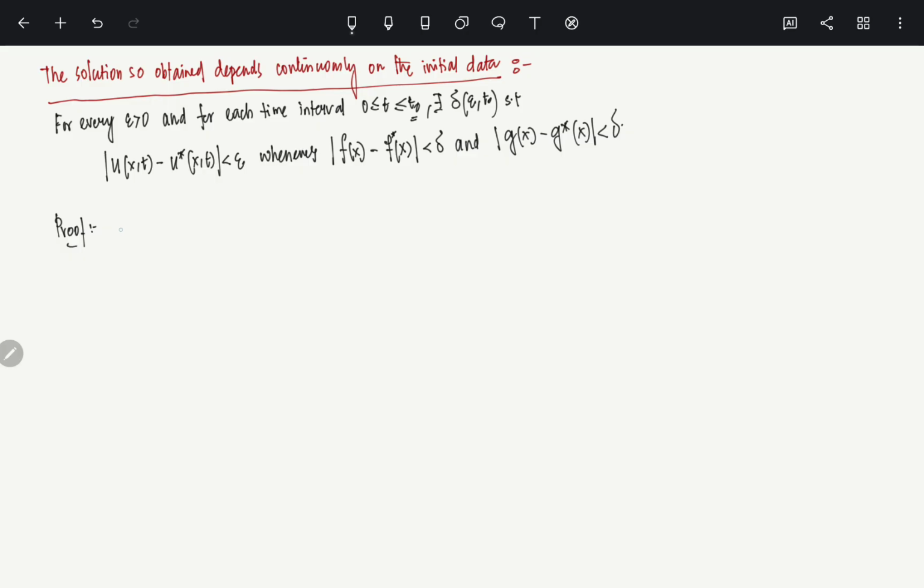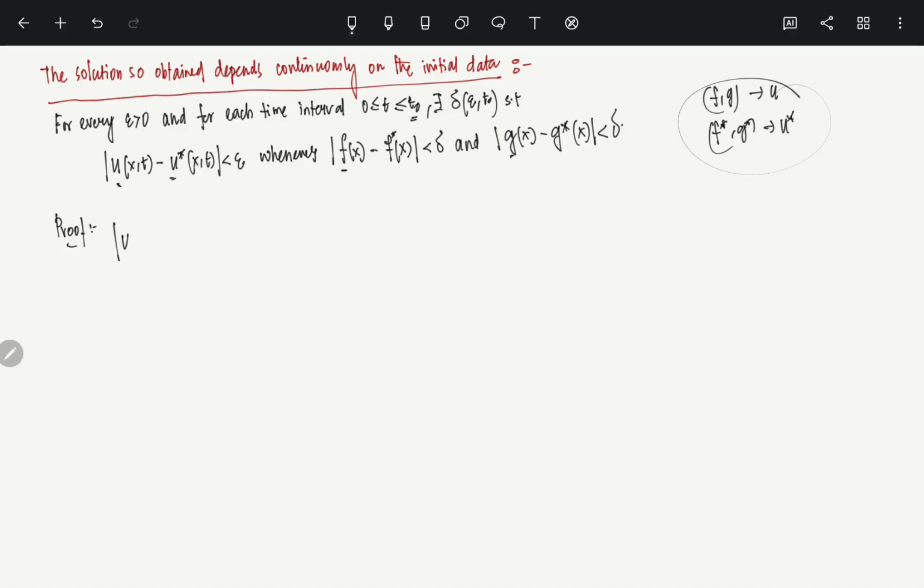So what is the solution? What are u and u star? u is the solution corresponding to f and g. If you are given f and g, the solution you get is u, and if you are given f star and g star, the solution you get via the D'Alembert formula is u star. This is the idea. Clear? Okay.